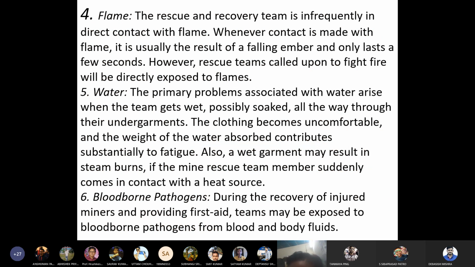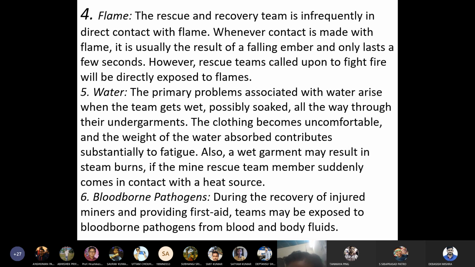And in case of a flame, the rescue and recovery team is infrequently in direct contact with the flame. Whenever contact is made with flame, it is usually the result of a falling ember and lasts only a few seconds. However, rescue teams called upon to fight fire will be directly exposed to flame. Then there is the water problem inside the mine.